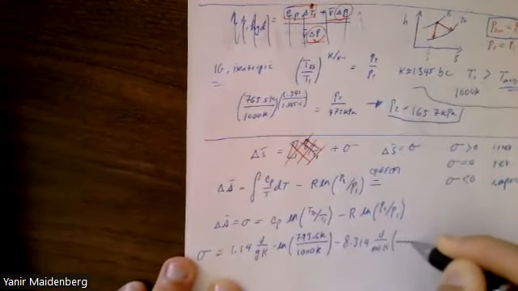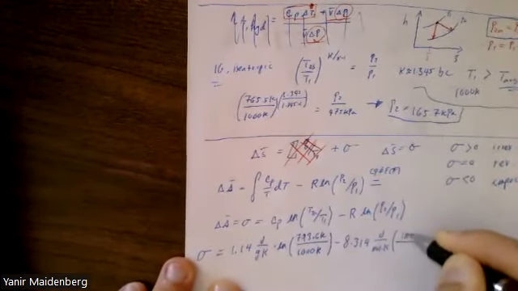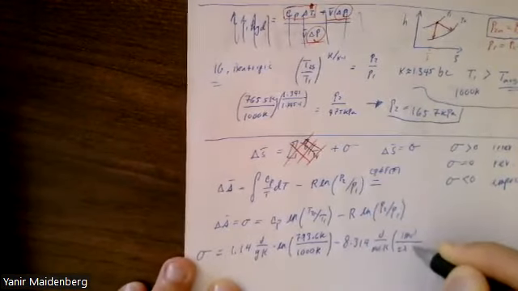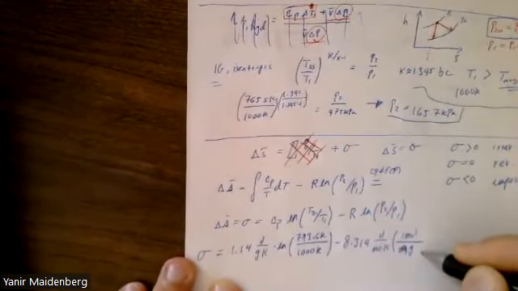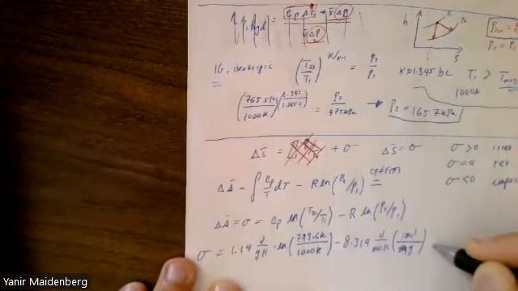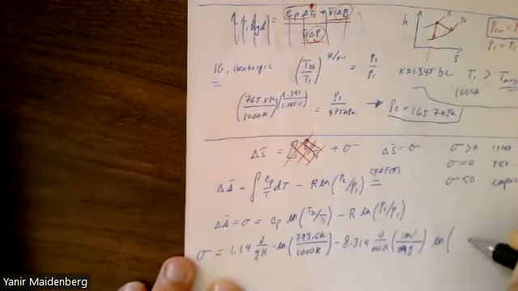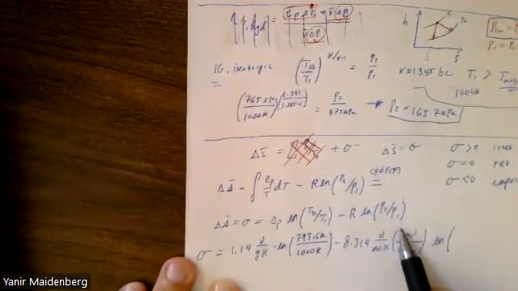Now I don't want these moles, but I know that 1 mole of air is 29 grams, about 28.9, whatever it is, 29 grams. And then times ln of the pressure ratio, P2 over P1.